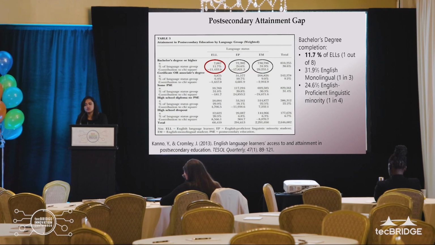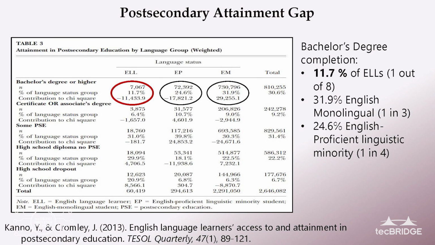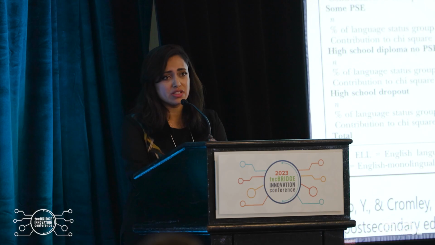So just this first row on top shows bachelor's degree completion rates. As you can see, only 11.7% of ELLs complete a bachelor's degree, compared to 31.9% English monolingual students and 24.6% English proficient linguistic minority students. So we're seeing a performance difference, and we're seeing how this affects higher education.